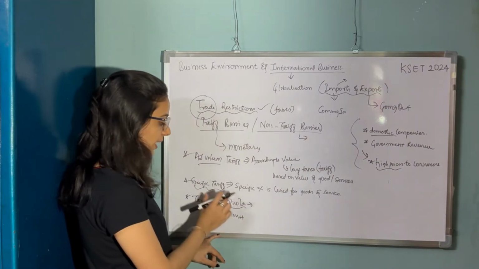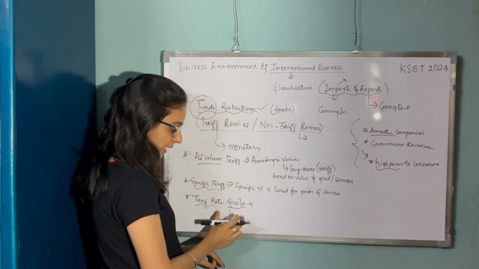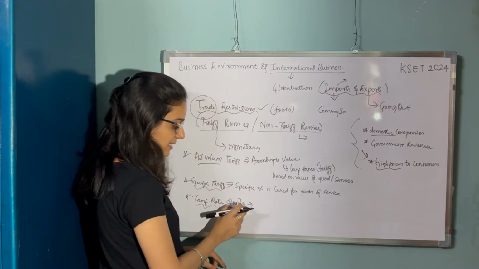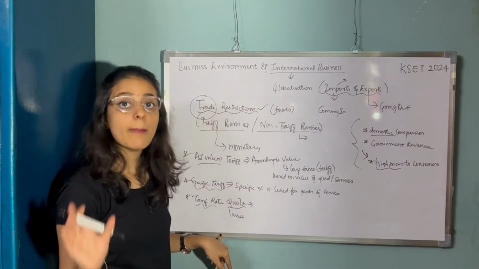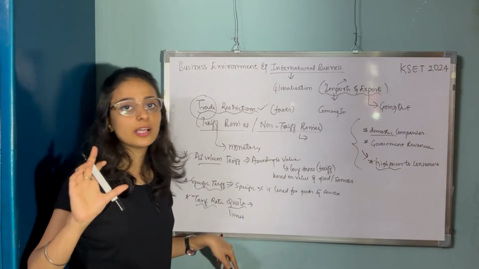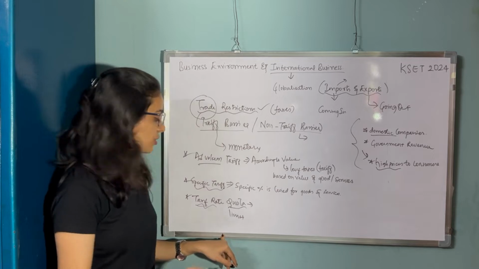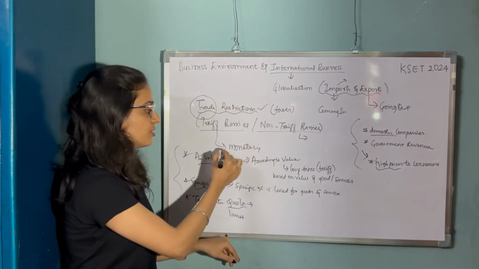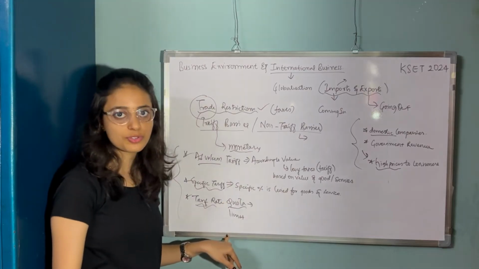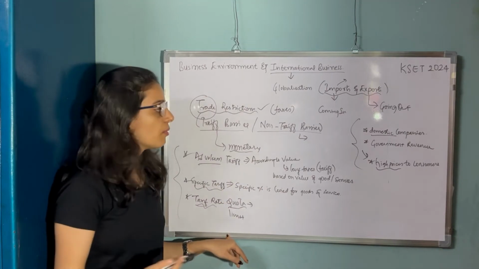Which means, again repeating, when you are importing goods and services within a specific quota, then a specific tariff rate is levied. But if it is exceeding the quota, then a higher rate of tariff is applied. So this is about 3 types of tariff rates or trade restrictions which involve monetary restrictions. Here we are imposing taxes at the money level, right?